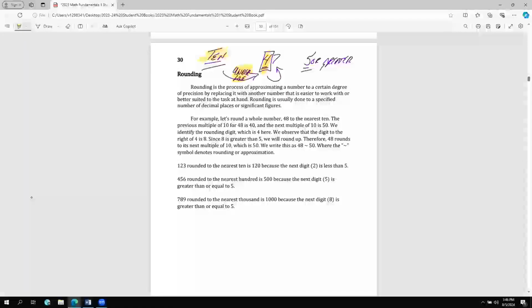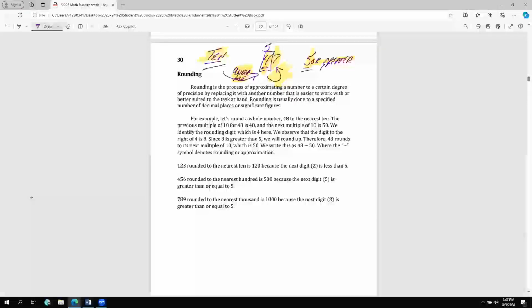I do underline this digit because it reminds me this number is going to stay a 4 or become a 5 based on the number directly behind it. When I look at the number directly behind it, I also remind myself about the rule. Is that number 5 or greater? If that number is 5 or greater, for instance, the number 7 definitely is, then it means that I'm going to be rounding the 4 up to the next digit, which is a 5.